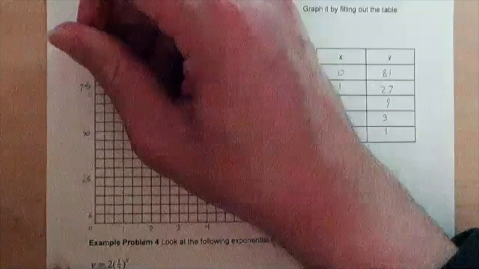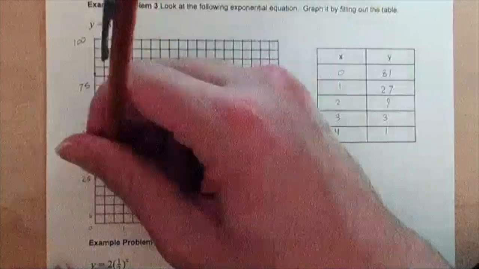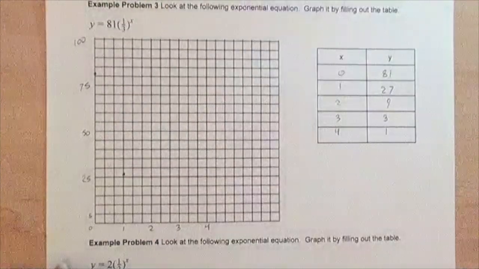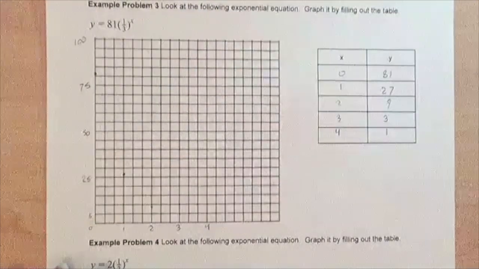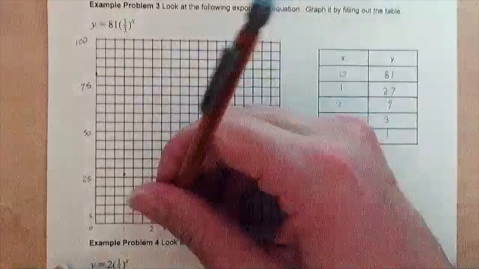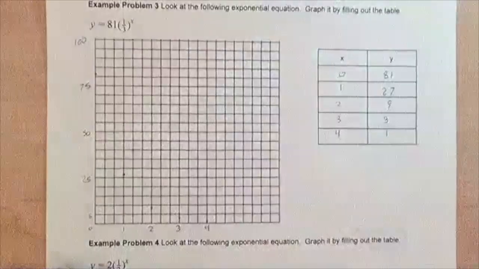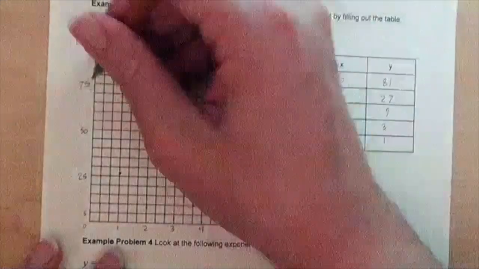This is 81. Then we're all the way down to 27. Then we're down to 9. And then the next two are just in this lowest one. So what it really looks like is the other side of your quadratic, right?